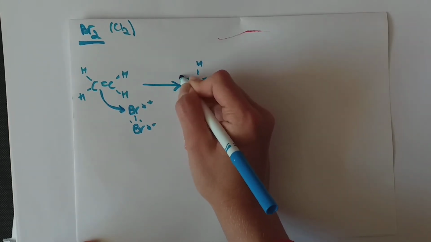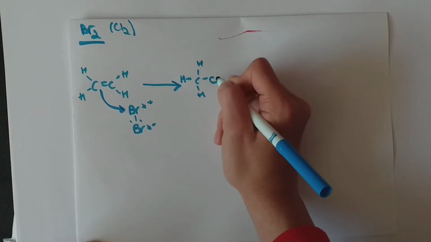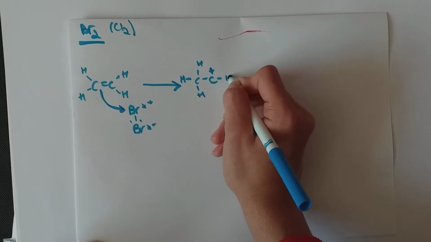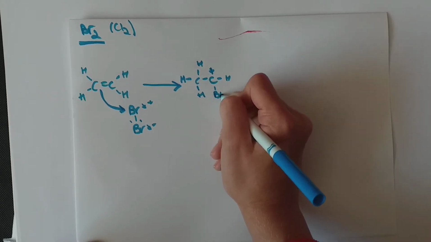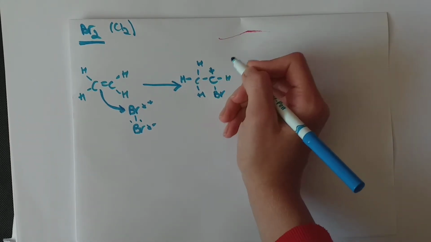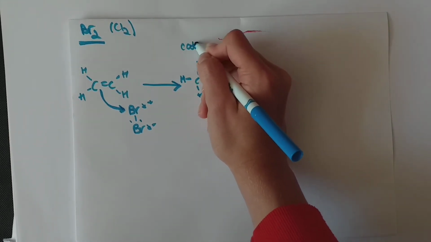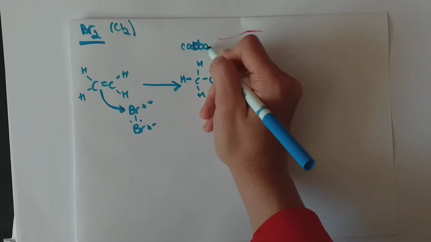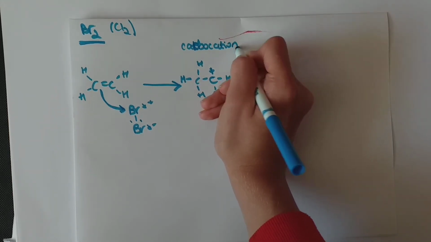It's no longer an alkene. It becomes an alkane again with a positive carbon. A compound with positive carbon is called a carbocation. Cation.